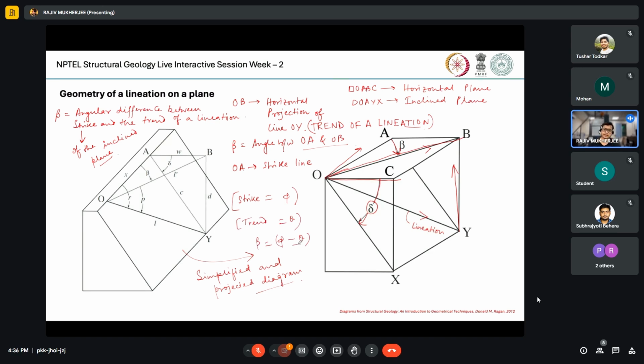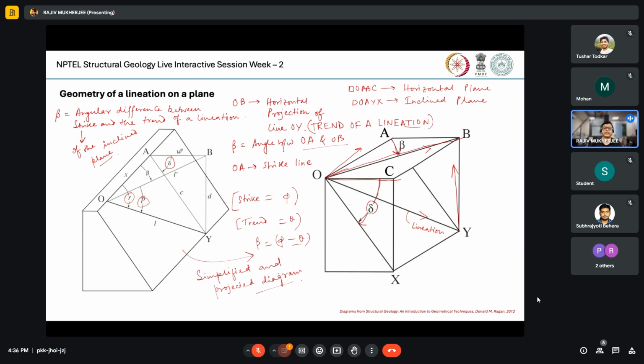So this is the relation you have to remember. That is, structural bearing is the difference between the strike angle and the trend of a lineation, and the rest remains the same. That is, R is the pitch, P is the plunge, delta is the dip of the plane.